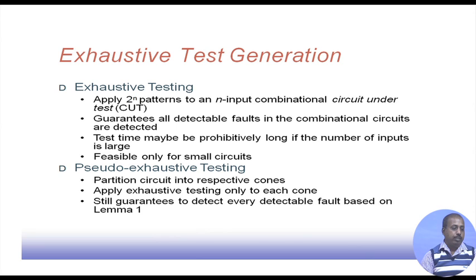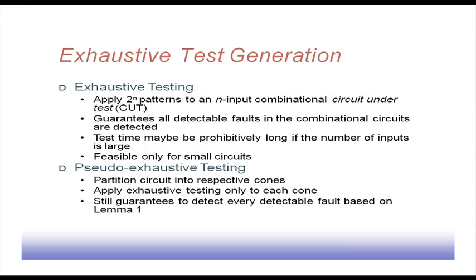Another category of exhaustive testing is pseudo-exhaustive testing. In this case we partition the circuit into cones. One primary output depends on a subset of inputs, so it is not necessary to excite all the inputs with all possible patterns.